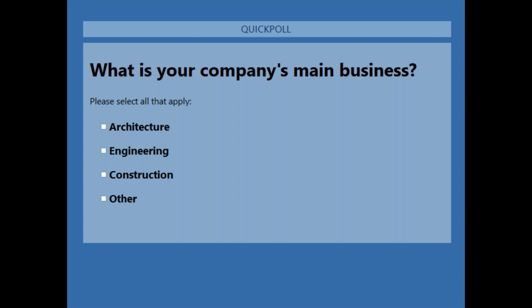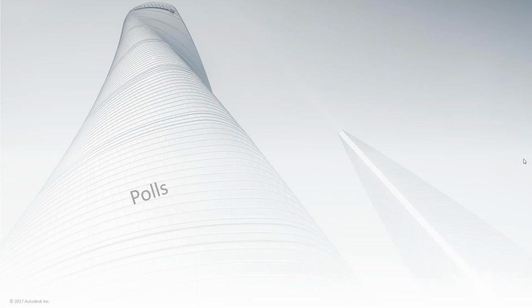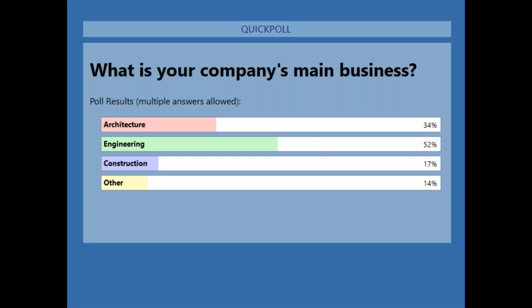Okay, about 70% voted, so I'm going to cut off there. Oh, 75, 77. Okay, that's quite good actually. So let's close this. Okay, they mostly are engineers, but then architecture, construction, and others. Fantastic. Great. Let's go for the next poll, Yves.